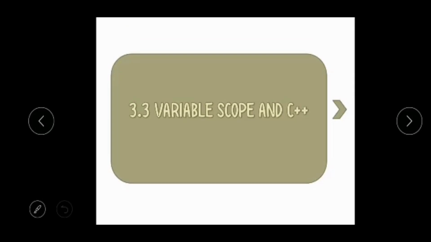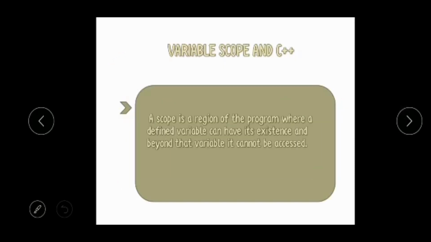Good day everyone. So our next topic is variable scope in C++. A scope is a region of the program where a defined variable can have its existence, and beyond that, the variable cannot be accessed. Broadly speaking, there are three places where variables can be declared.